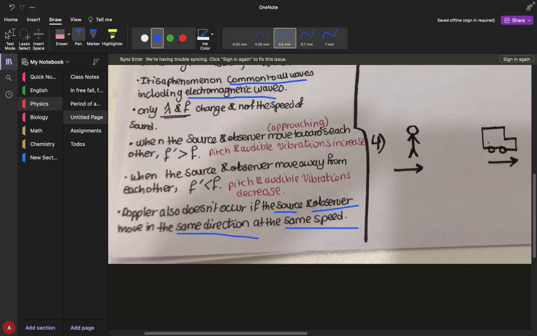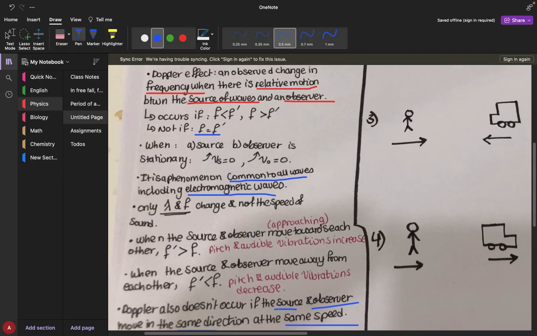The Doppler effect does not occur in that situation because both the source and the observer move in the same direction and at the same speed. What do you expect? Obviously there aren't going to be any Doppler effects happening, so it won't occur.